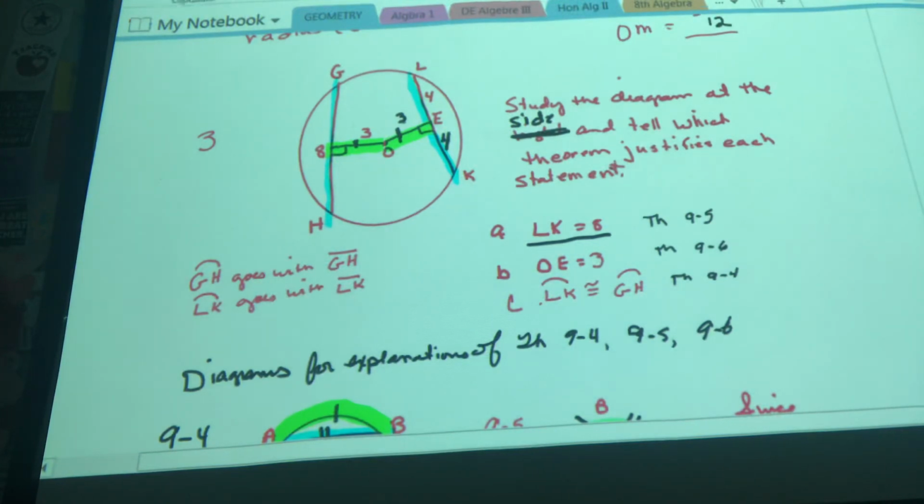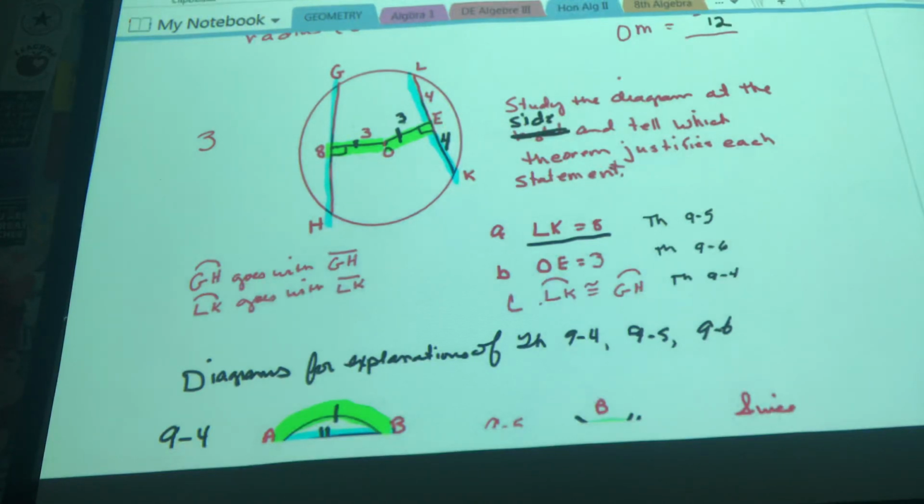Now let's go to part C. How do we know that arc LK is congruent to arc GH? Well, back in part A, we determined that the two blue chords, segment GH and segment LK, were congruent. According to Theorem 9.4, in the same circle or congruent circles, congruent arcs have congruent chords, and congruent chords have congruent arcs.